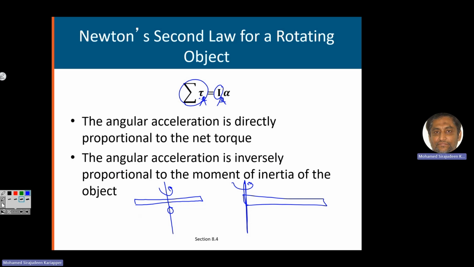In other words, if I apply the same torque for both, which one will have a bigger acceleration? The first one, because it is torque divided by I, right? This I is small for this one, with the same rod. When you try to rotate in the middle, I will be small. When you try to rotate at the edge, I will be big. Let me explain that. How come?